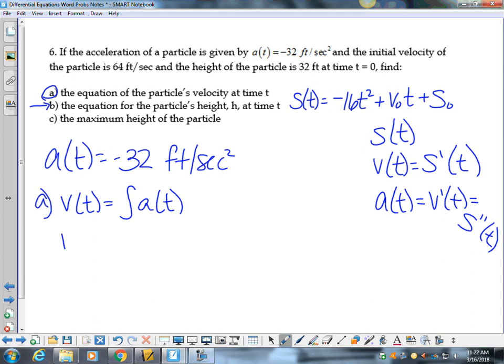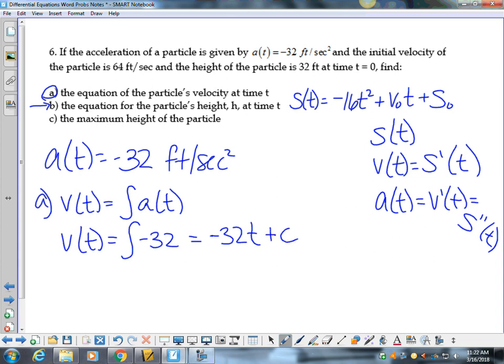Okay, so v sub t equals the integral of negative 32. Well, that's easy. What does that give you? Negative 32 t plus c. Thank you.